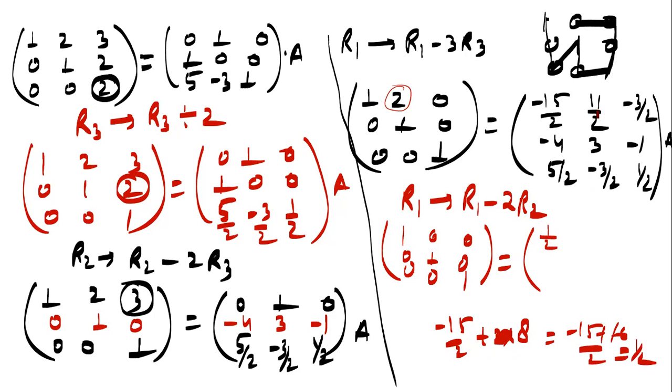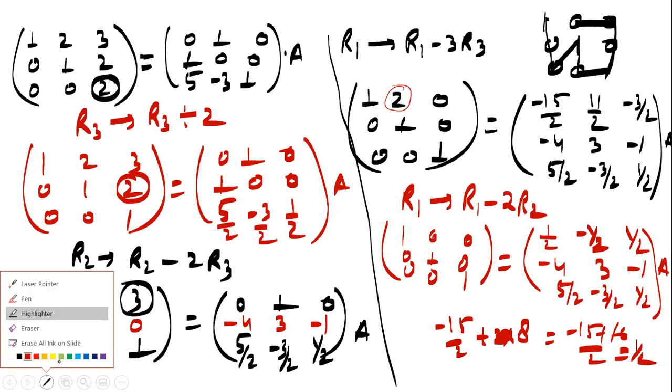Similarly, 11 upon 2 plus 3 by 2, it will become minus 1 upon 2. Minus 3 by 2 minus 2 into minus 3 by 2 and plus 2, it will become half. This will be as it is, 5 by 2, minus 3 by 2, 1 by 2, and A will remain as it is.